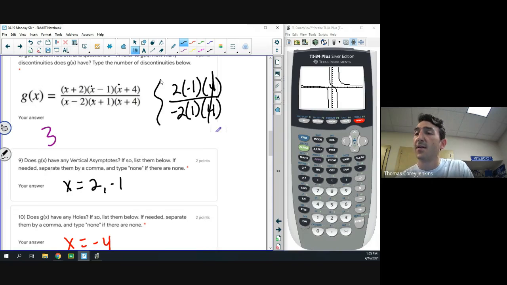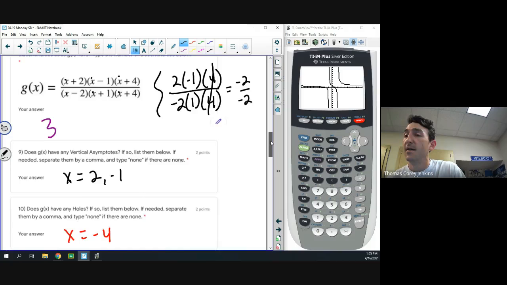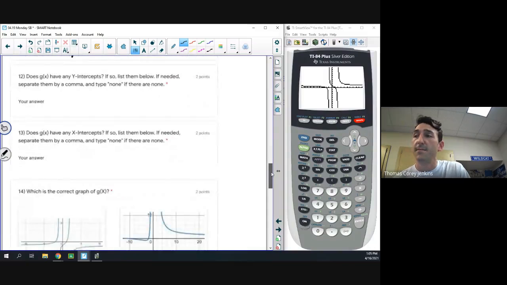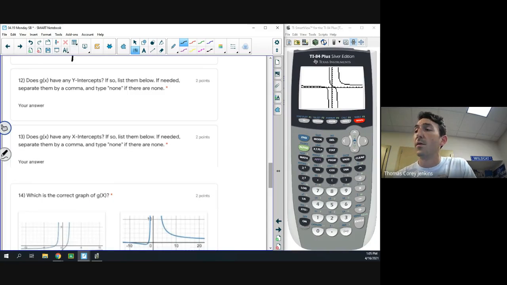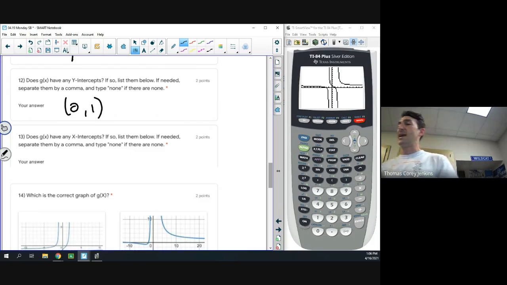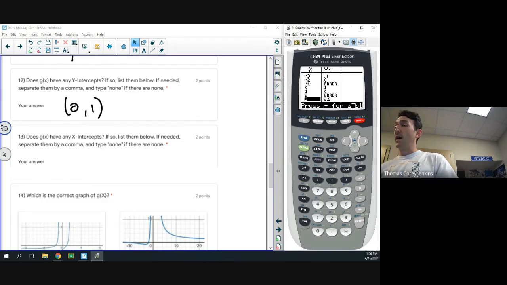So the 4's cancel, and then we have -2 over -2, which would just be 1. And we see that it appears to cross at where y equals 1. All right. So where x is 0, y is 1. So that's 0, 1. And remember, if what I just showed didn't make sense algebraically, we could have just looked in our table. If we understand that we need to look for where x is 0, it tells us that y is 1. Okay.